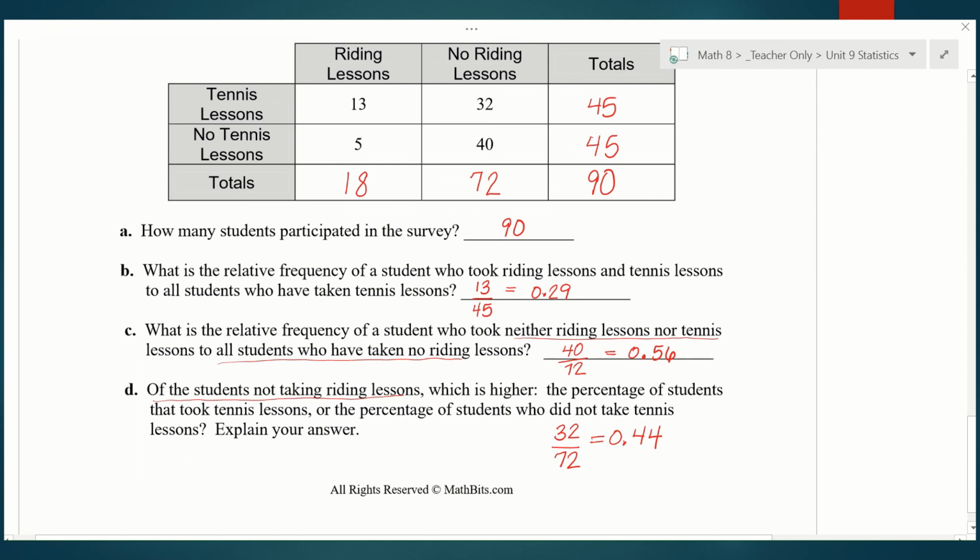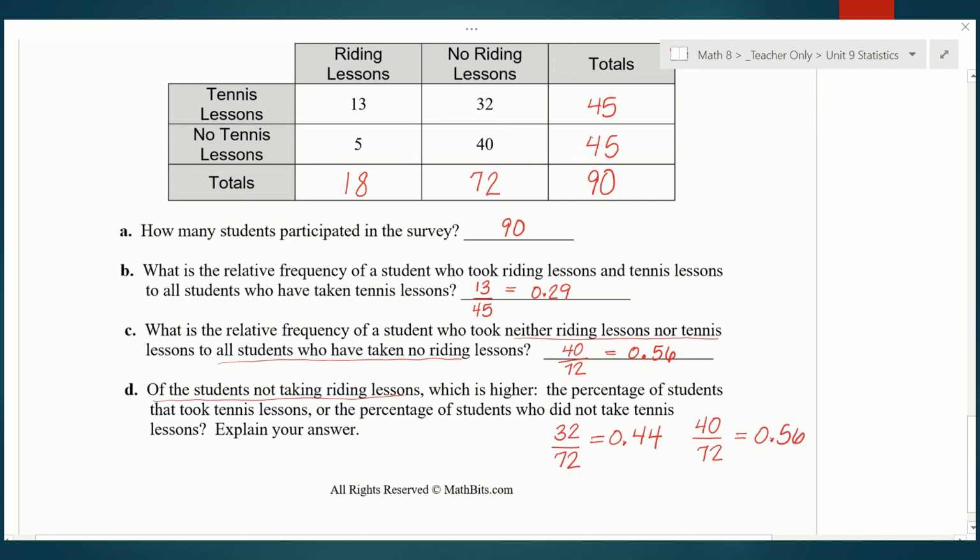And I'm comparing that to, of the students who aren't taking riding lessons, what percent did not take tennis lessons? Basically, the number of kids that take neither, which would be 40, again out of the total who don't take riding lessons, which is 72. And that gives me 0.56.